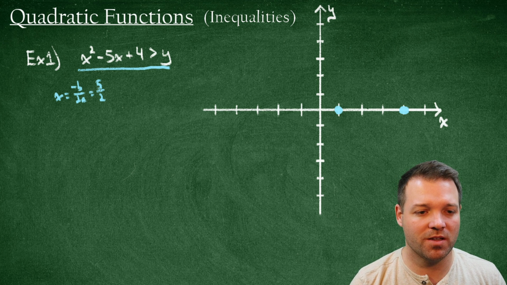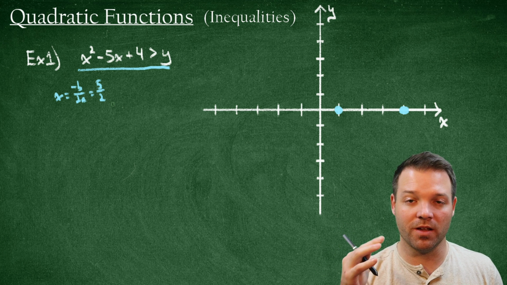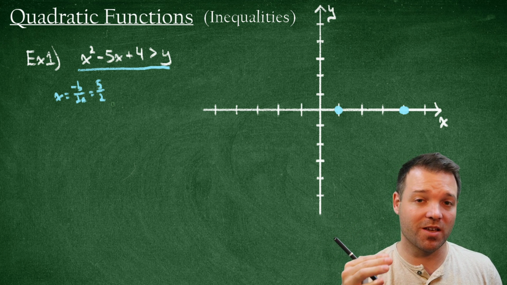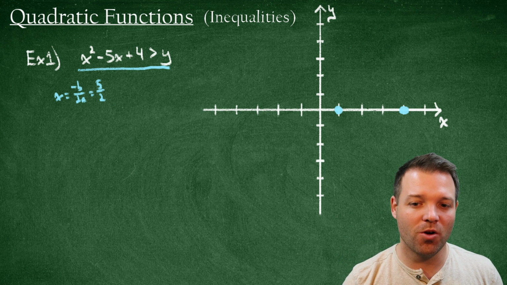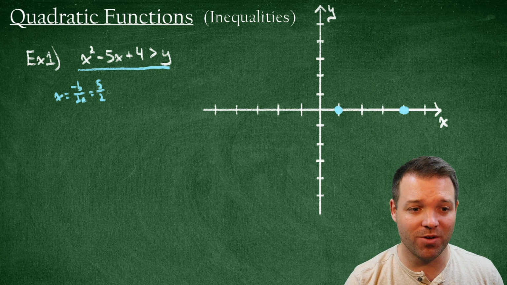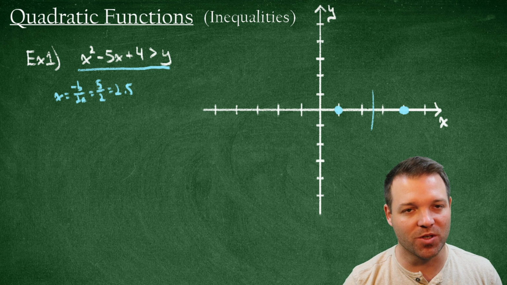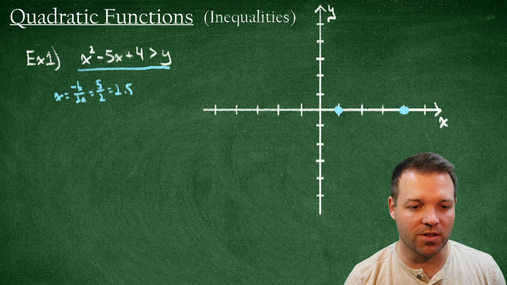Anyways, that's actually a good note there, right? You can actually use future steps to check your old steps, right? I know that it should be halfway in between, and if it was halfway in between, I would have gotten a different answer here, because 5 over 2 is 2.5, right? And so now it looks like I am correct. So there we go. All right, we're back on the right track here.